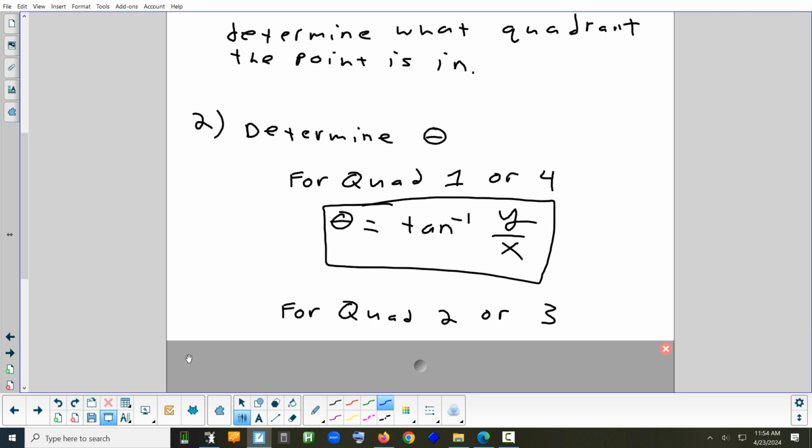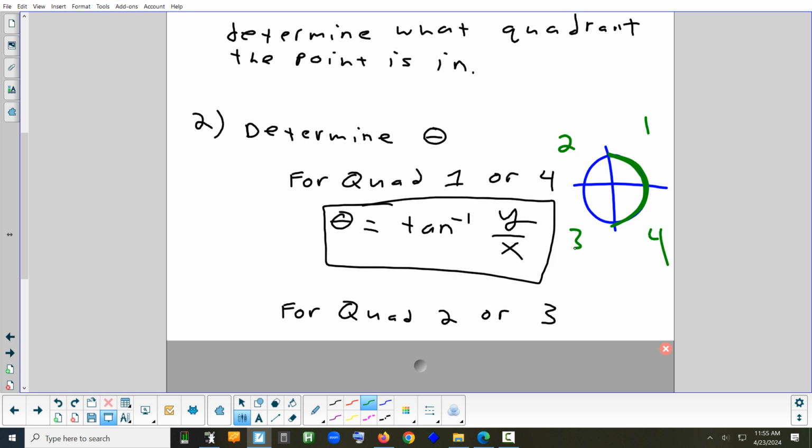But the problem with inverse tangent is inverse tangent only works on this half of the circle. That's quadrants 1 and 4. Inverse tangent doesn't work by itself in quadrants 2 and 3.